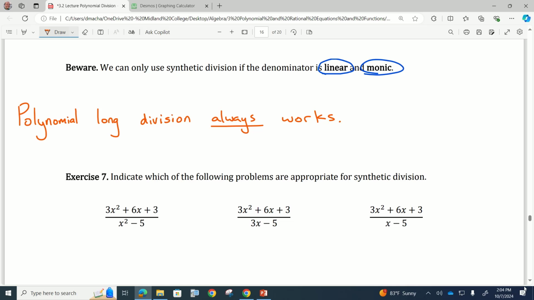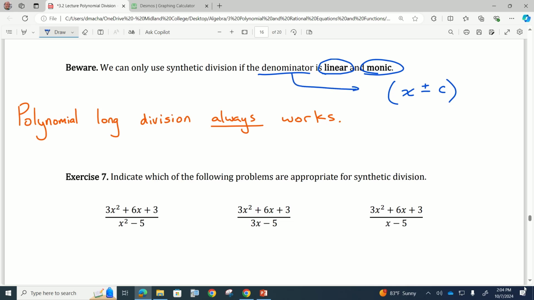The downside to synthetic division is it only works in the case where your denominator looks like this, right? It's x plus or minus some constant.